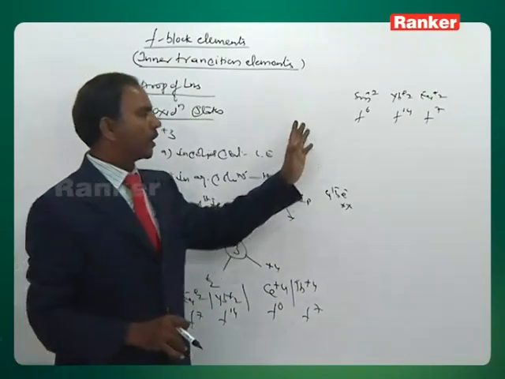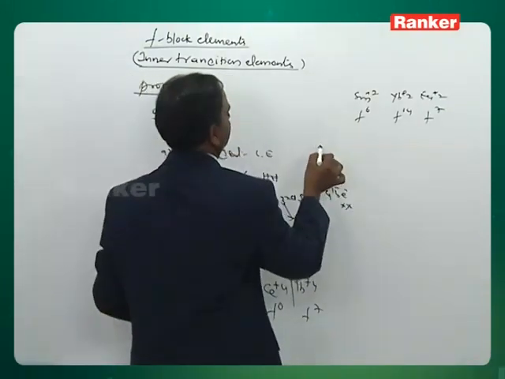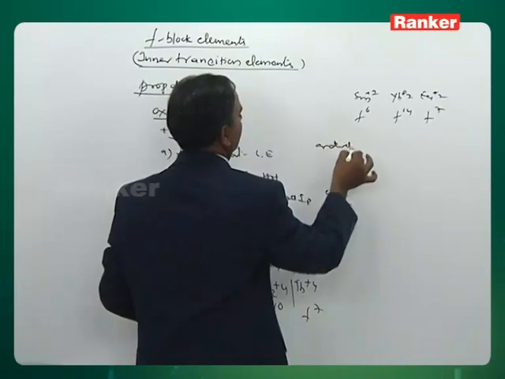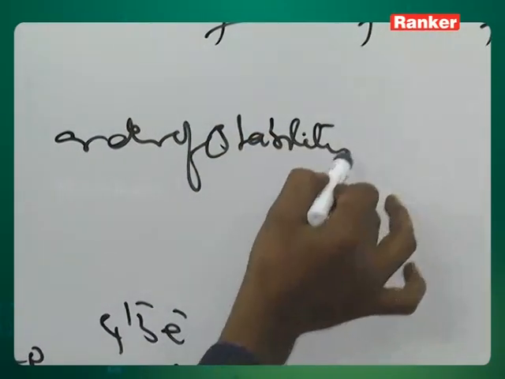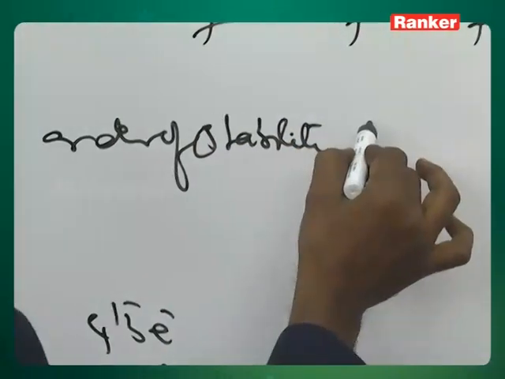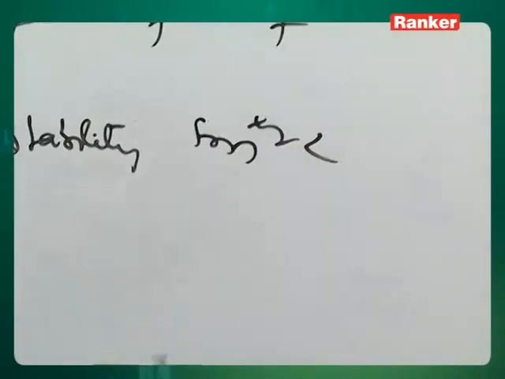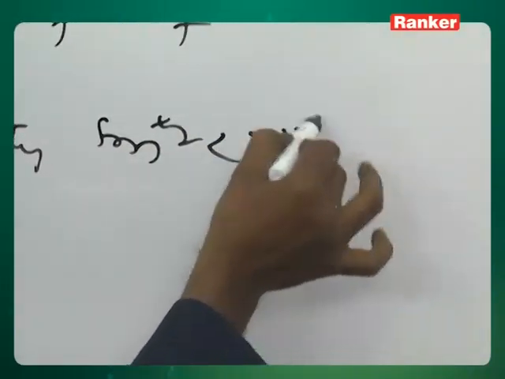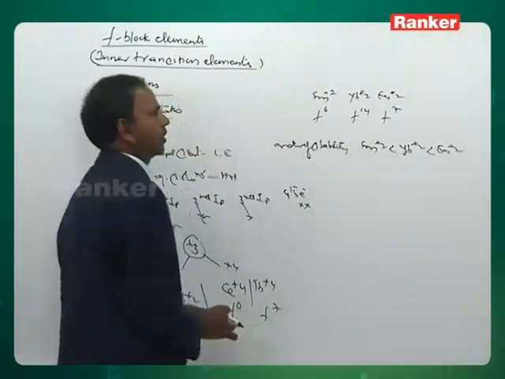Samarium +2, ytterbium +2 and europium +2 have the electronic configurations F6, F14 and F7. Consider the order of stability of these configurations. Samarium +2 is less stable than ytterbium +2, which is less stable than europium +2.